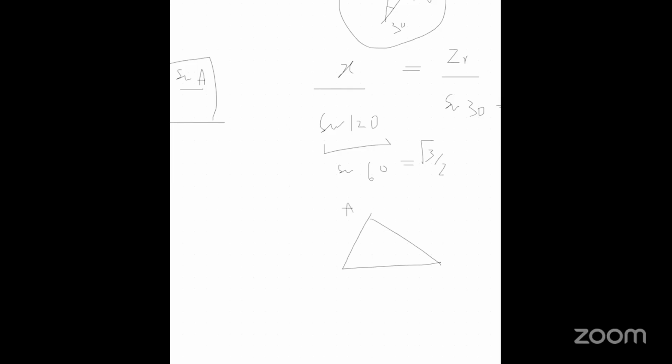So you have this, you have B, you have C, you have A, and you have this big A over here. So then you have the law of cosines, which is a square is equal to b square plus c square minus 2bc cosine of a.